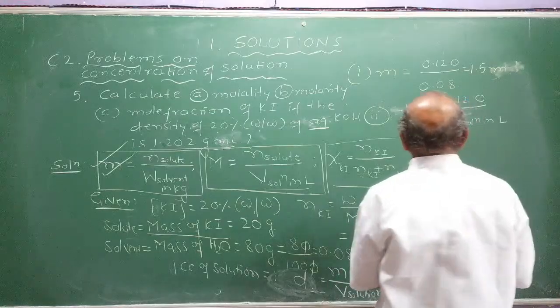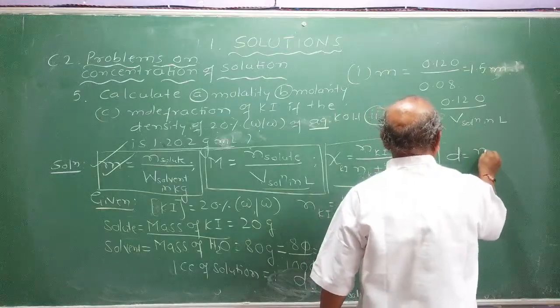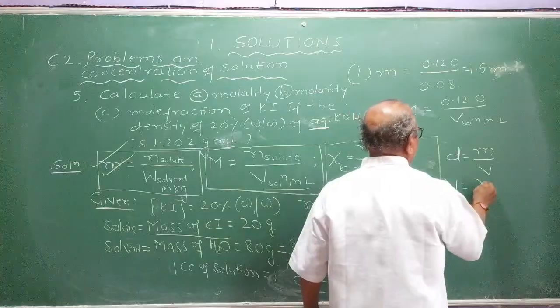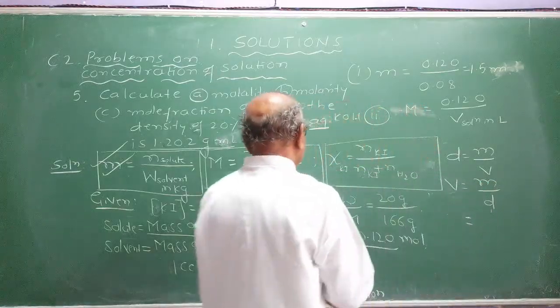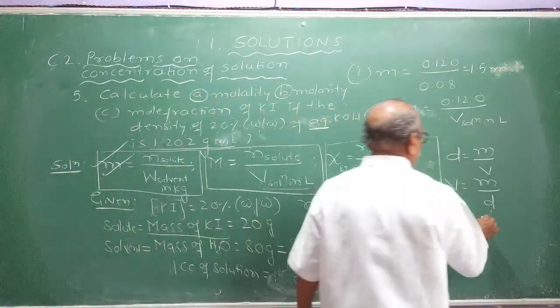To get the volume of the solution, density is given by mass divided by volume. If you take volume to the left, you get mass upon density. So, mass in grams of potassium iodide is 20 grams.